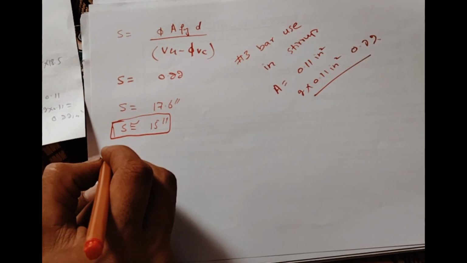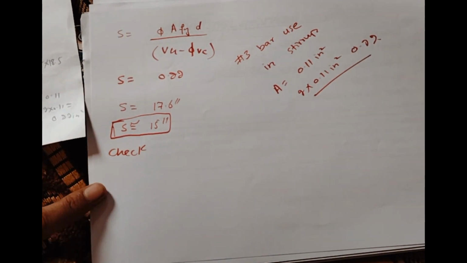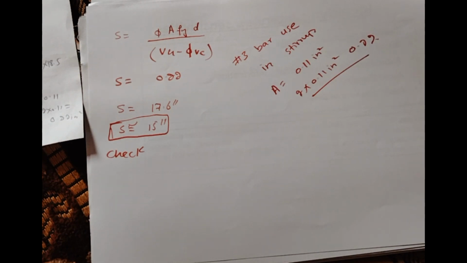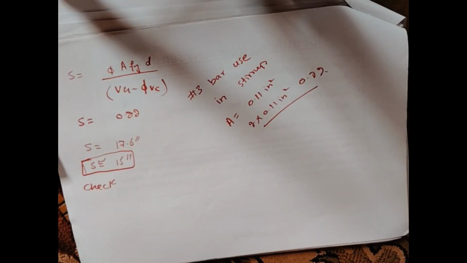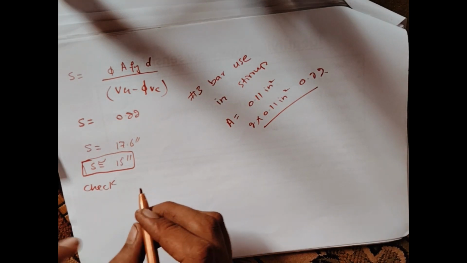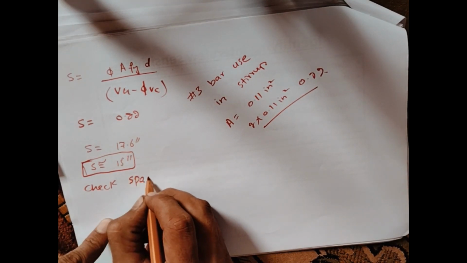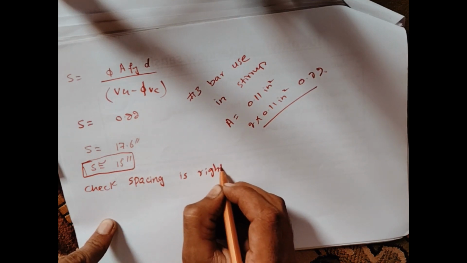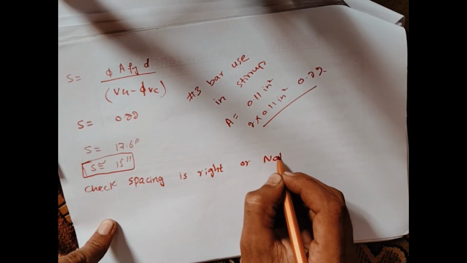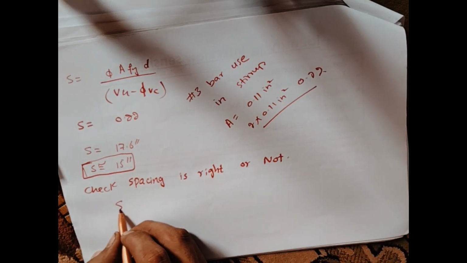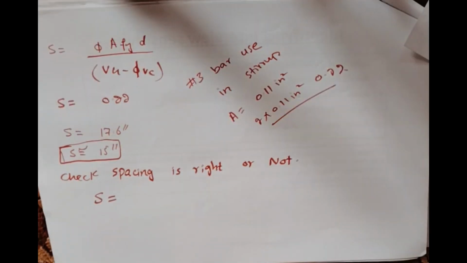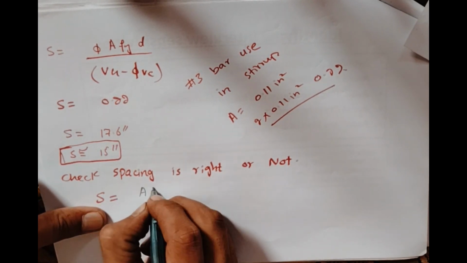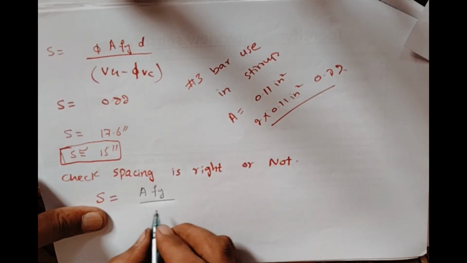Now we will check whether this spacing is right or not. There are three checks here. It is done for checking whether the distance between two stirrups is right or not.